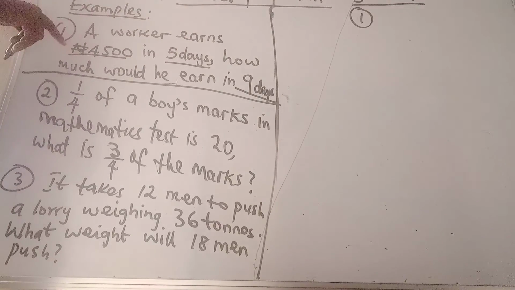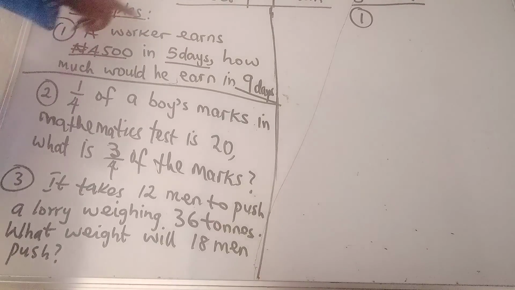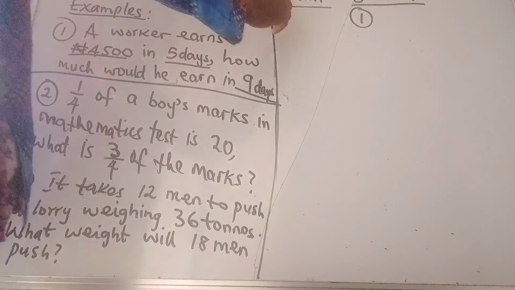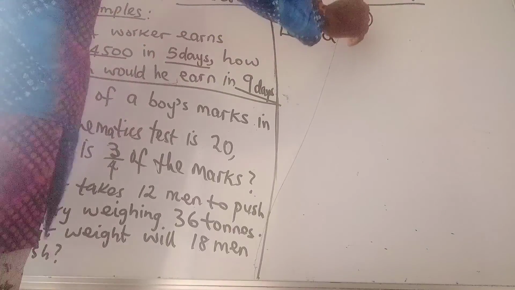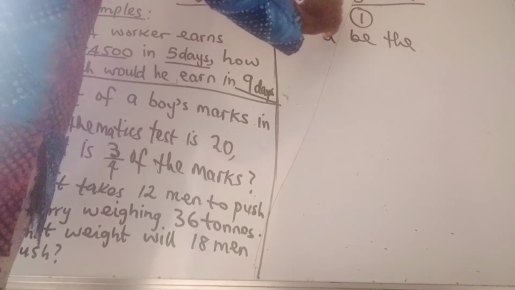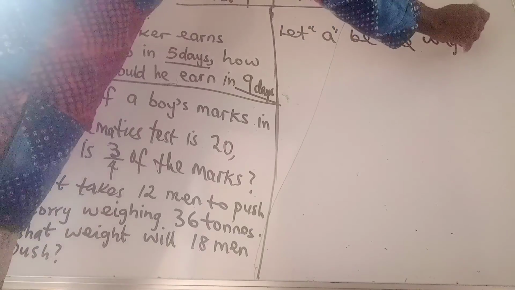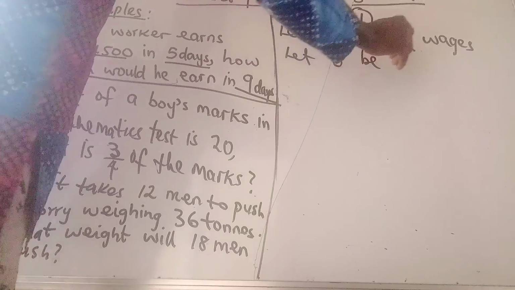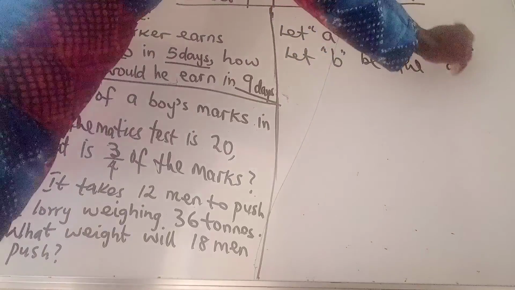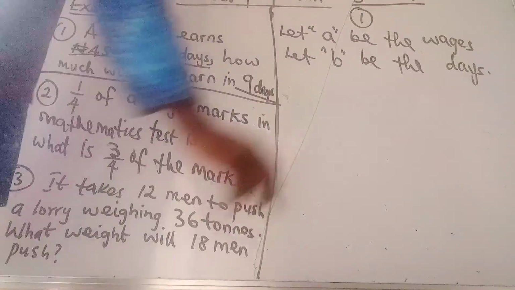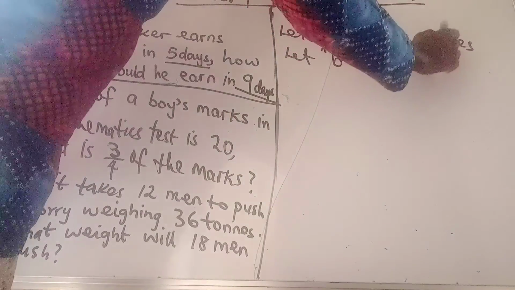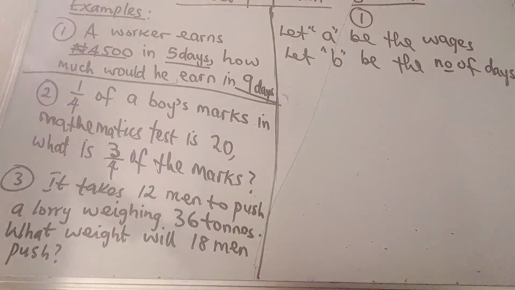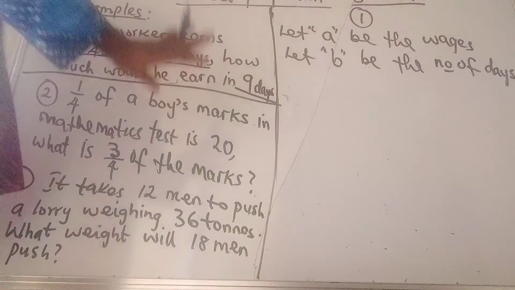So I decide to let A be the wages and let B be the days, or the number of days. Okay, you may decide to change it. It doesn't matter, but you have to define what A and B are.